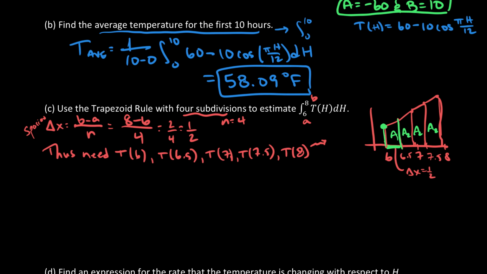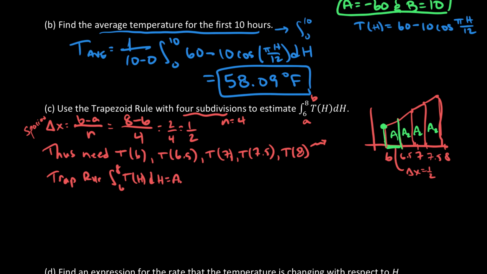You could do that. If you wanted to use a trapezoid rule formula, then we would have to do the following. We would say the trapezoid rule would give me the integral from 6 to 8 of T of h dh.